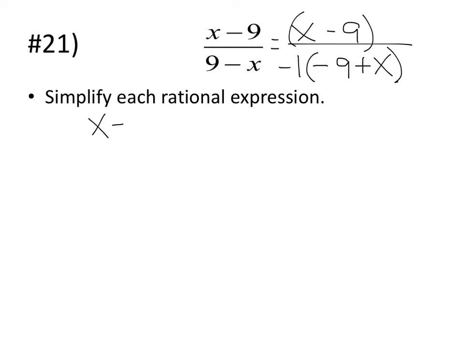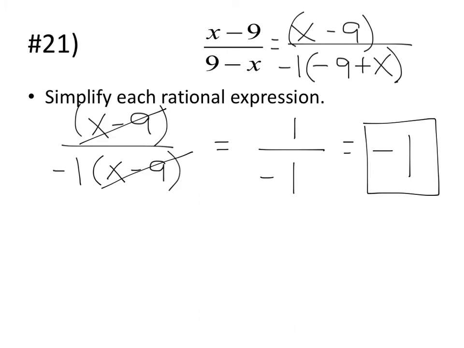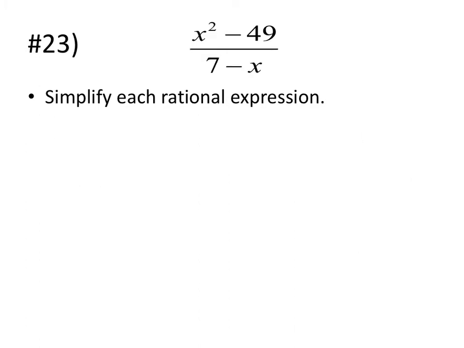So I have x minus 9 over negative 1 times, and if I wanted to rewrite this, instead of negative 9 plus x, couldn't I rewrite it x minus 9? Just make sure that you're keeping the sign with it. The negative is with the 9, the positive is with the x. Now that I write it like that, it's really obvious that the x minus 9's cancel, and you're left with 1 over negative 1, which we just know is negative 1. So you're done there. Alright?